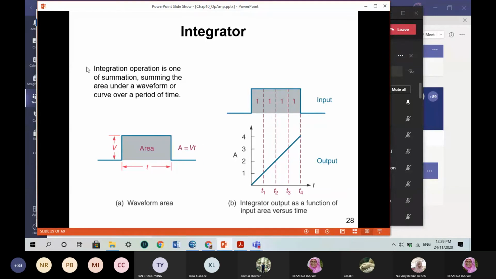Okay. The integration operation is one of summation, summing the area under the waveform or curve over a period of time.